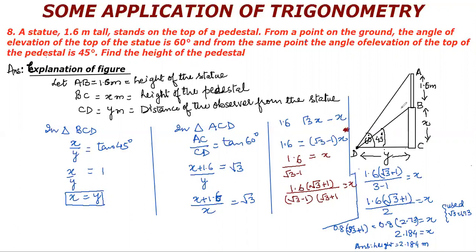And if he observes the top of the statue, the angle becomes 60 degree. Angle of elevation is there. That means the observer is on the ground and he is observing the top.